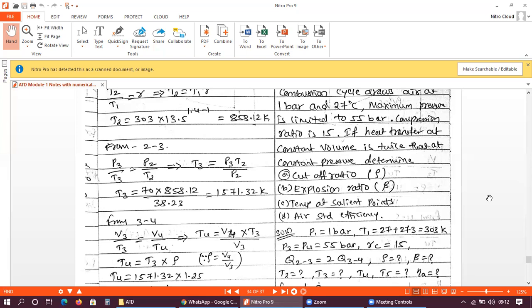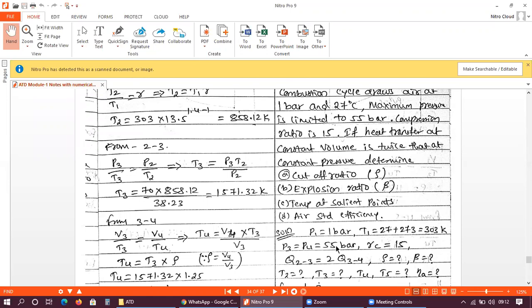So first we'll extract the given data from this problem. As I told you, P1 is 1 bar and T1 is 27 plus 273, that is 303 Kelvin. During constant pressure heat addition, P3 and P4 are the maximum pressure points.